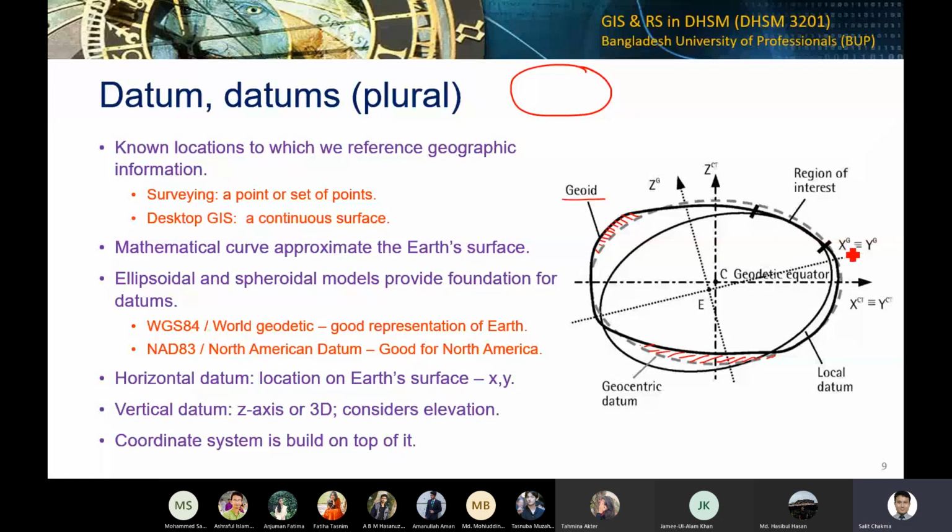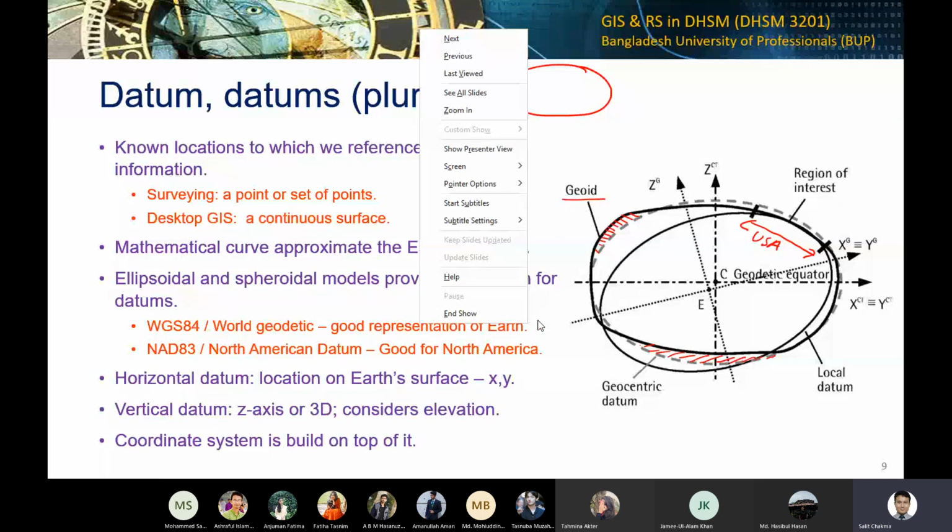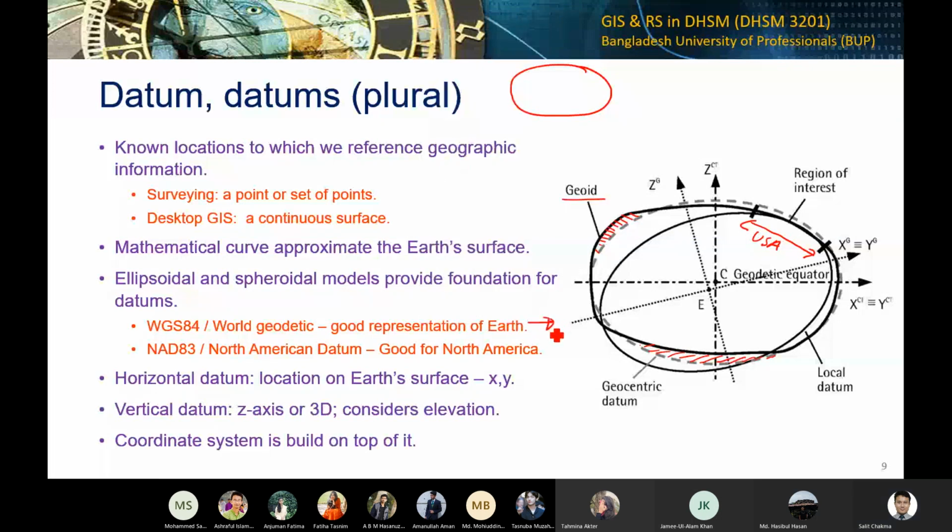Now, for example, my area of interest is only this region, only this much. This is USA, which is itself a very large country. So this is my region of interest. But when I try to use WGS 84, I'm having some problems.